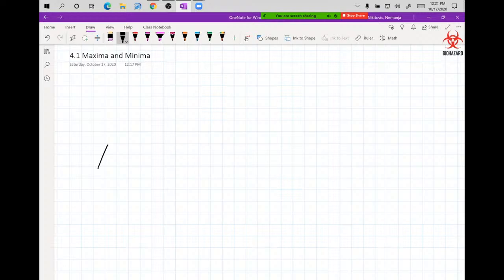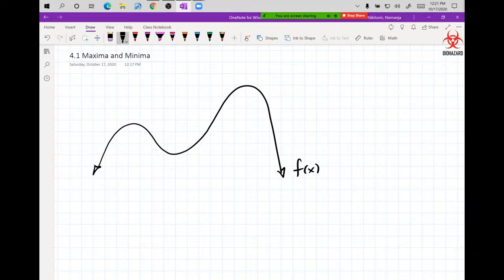So we're going to draw this type of a shape. That's going to be some function f of x. I'm not even going to bother drawing the x and y coordinate system because we don't care at this point in time. And I want to recognize that there is a max value there, a minimum value there, and another maximum value there.